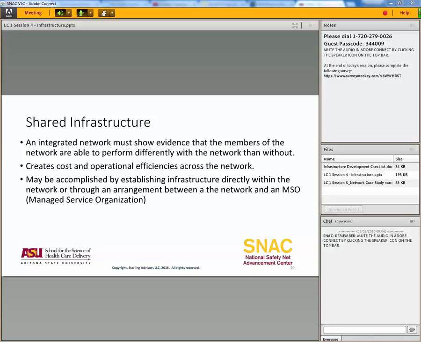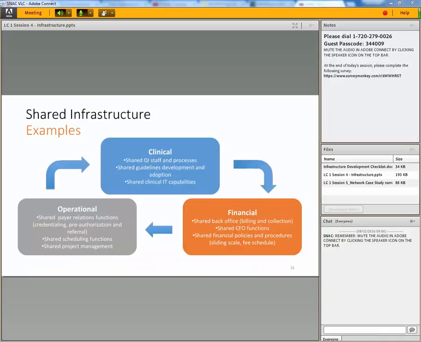And the shared infrastructure may be accomplished by establishing infrastructure directly within the network or through an arrangement between the network and some other type of organization. We heard an example of how a third party delivers some of the services that the network needs. Again, there's no one-size-fits-all model, but that can be a very efficient way of reducing some of the timeline necessary to get to the point where the network is operating efficiently.